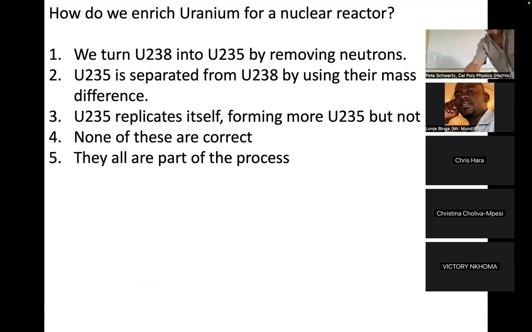I want to explain how wrong number 1 is. What you're saying is we start with U-238 and we pull off 3 neutrons and leave us with U-235. You can't do that.